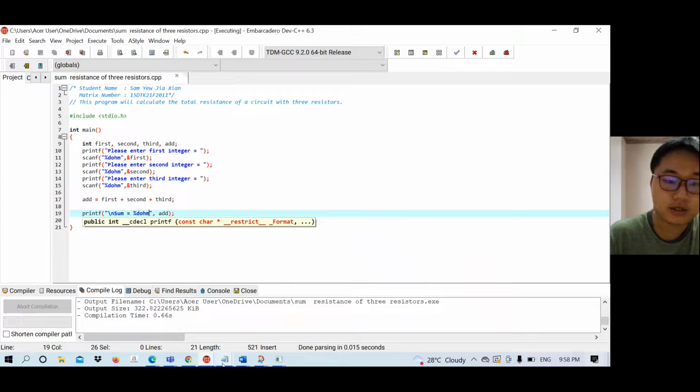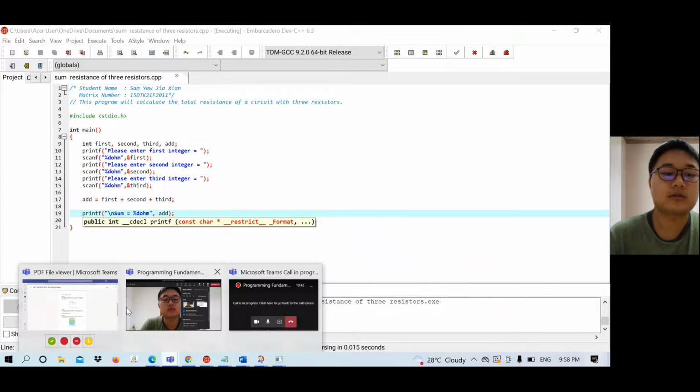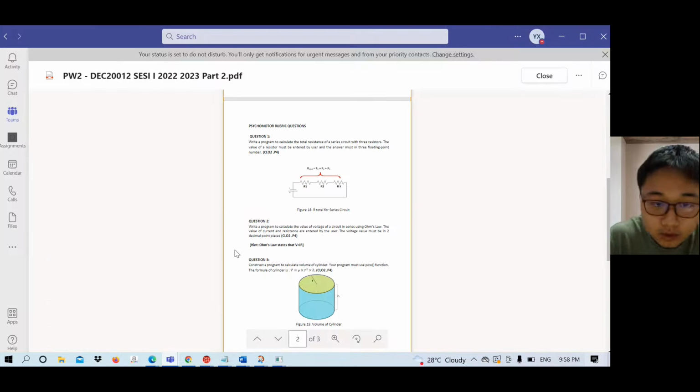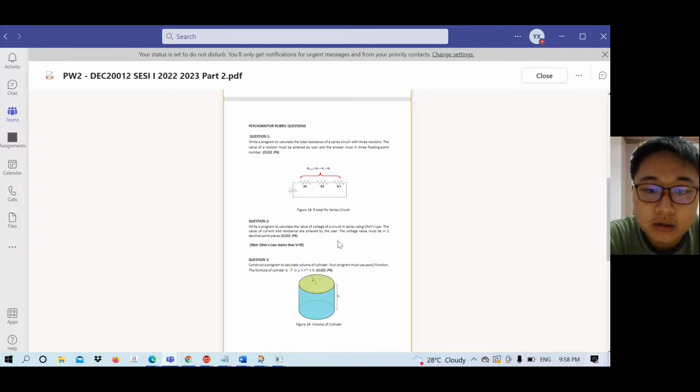So now, on to the second question. Question 2 says, write a program to calculate the value of voltage of a circuit in series using Ohm's law. The values of current and resistance are entered by the user. The voltage must be in 2 decimal places.